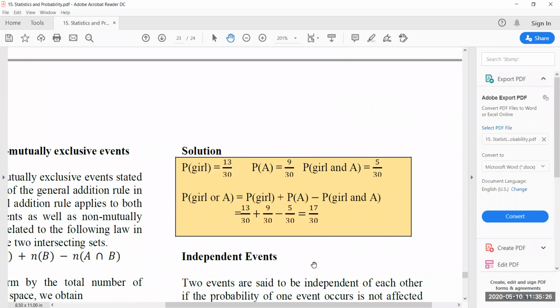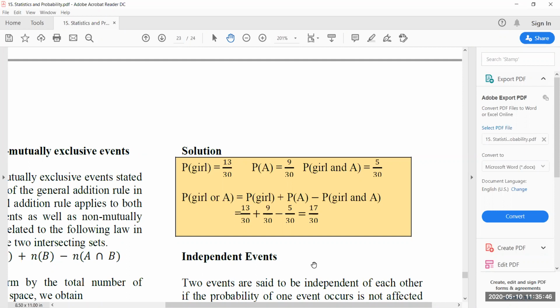The probability of choosing a girl is 13 out of the 30. The probability of choosing an A student, remember we had 4 boys and 5 girls getting an A, so the probability of getting an A grade is 9 out of 30. The probability of a girl getting an A is 5 out of 30, which was also stated in the question.